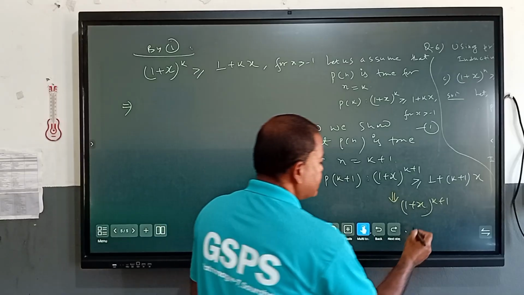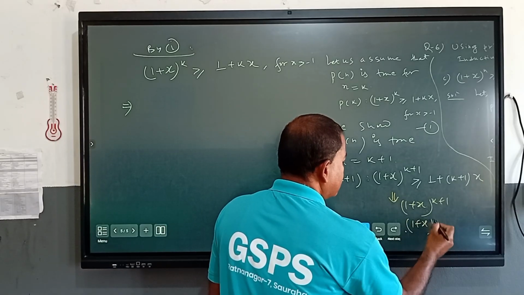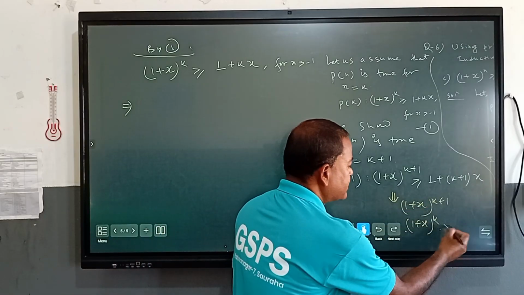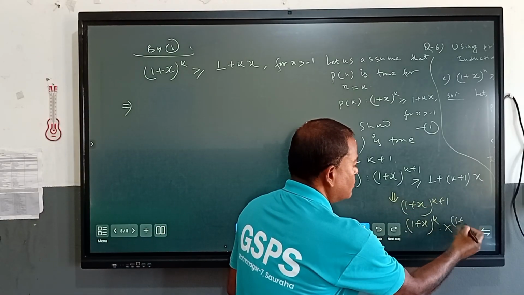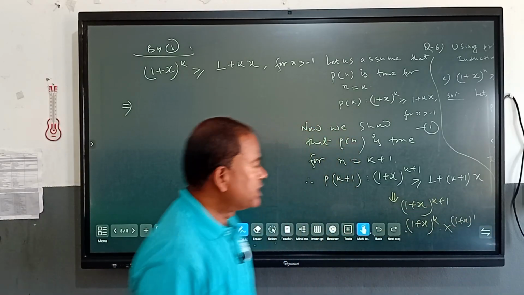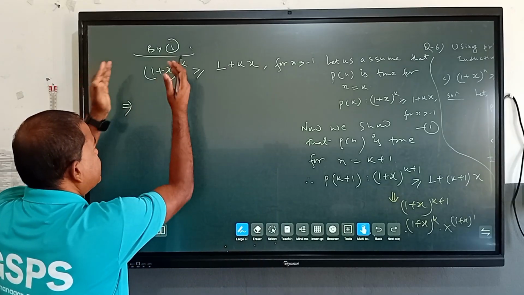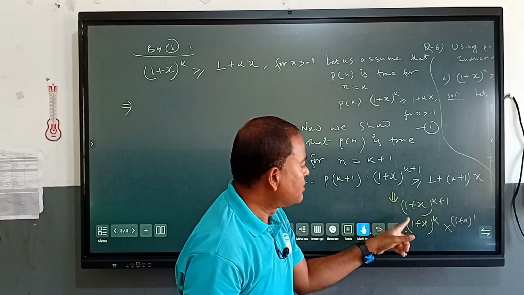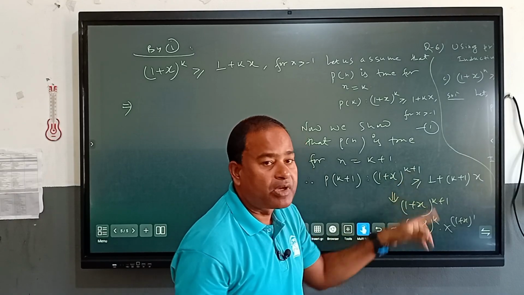So if we break it down, then the expression will be (1 plus x) whole power k times (1 plus x) whole power 1. So this means the expression (1 plus x) whole power k, we are going to change into the form of (1 plus x) whole power k plus 1.